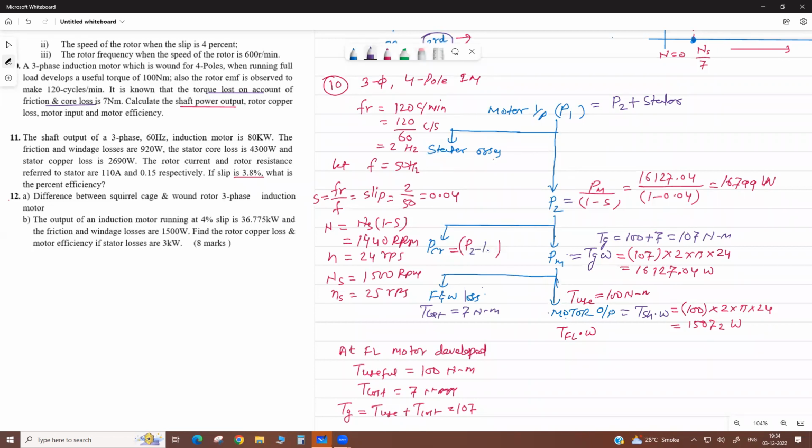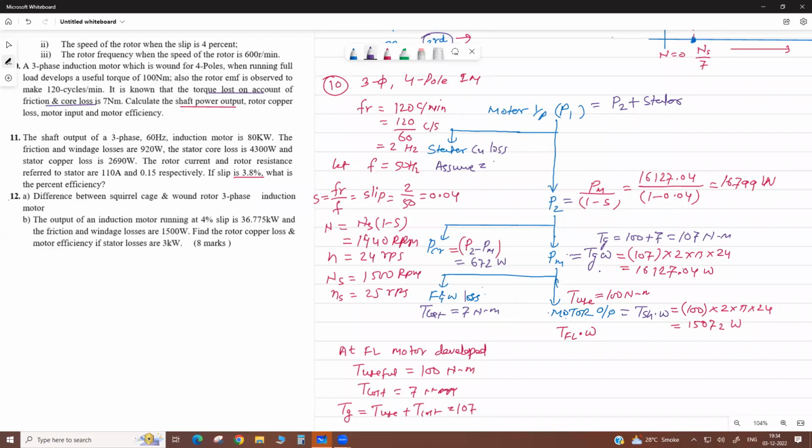P2 minus PM. Now, already we consider core loss in the lost torque, so only then can you assume rotor copper loss here. Now, do you neglect or assume? See, your rotor copper loss comes to 672 watt.